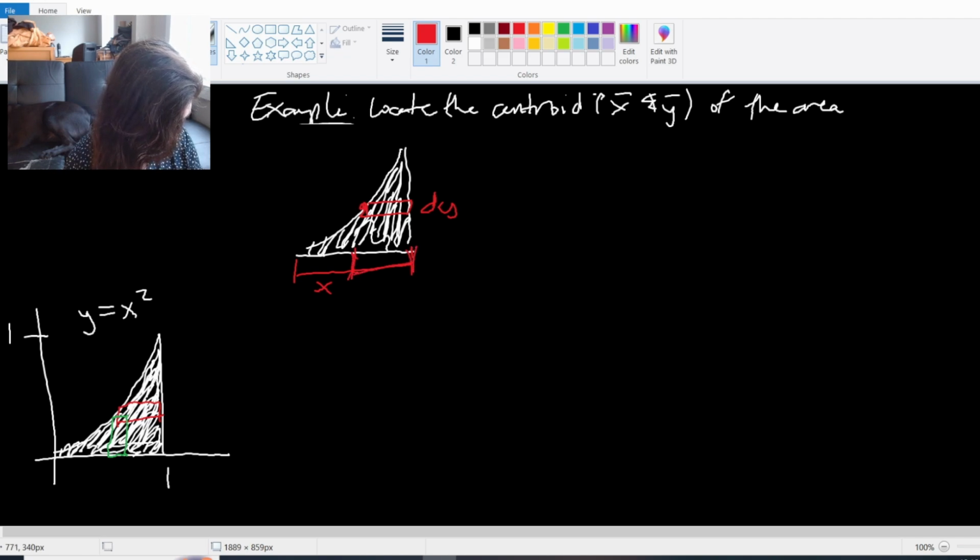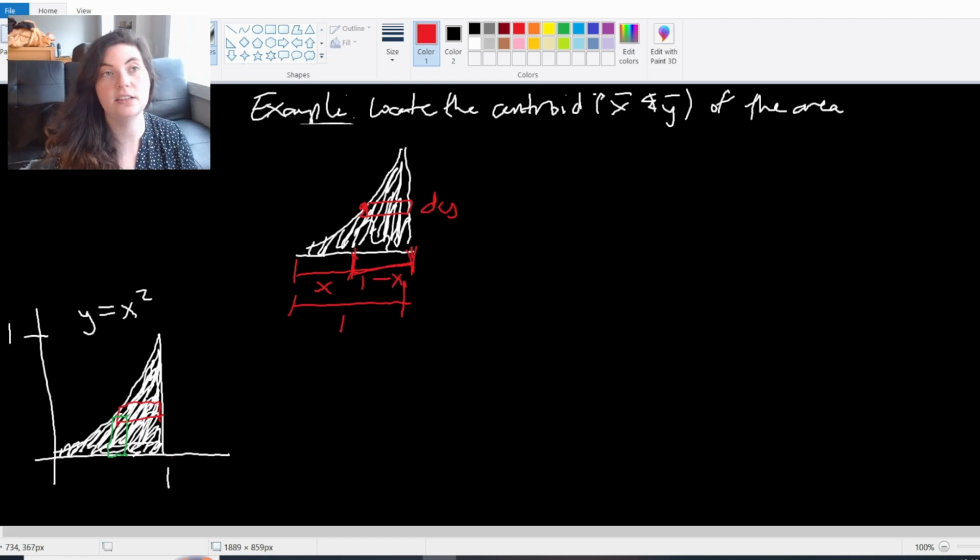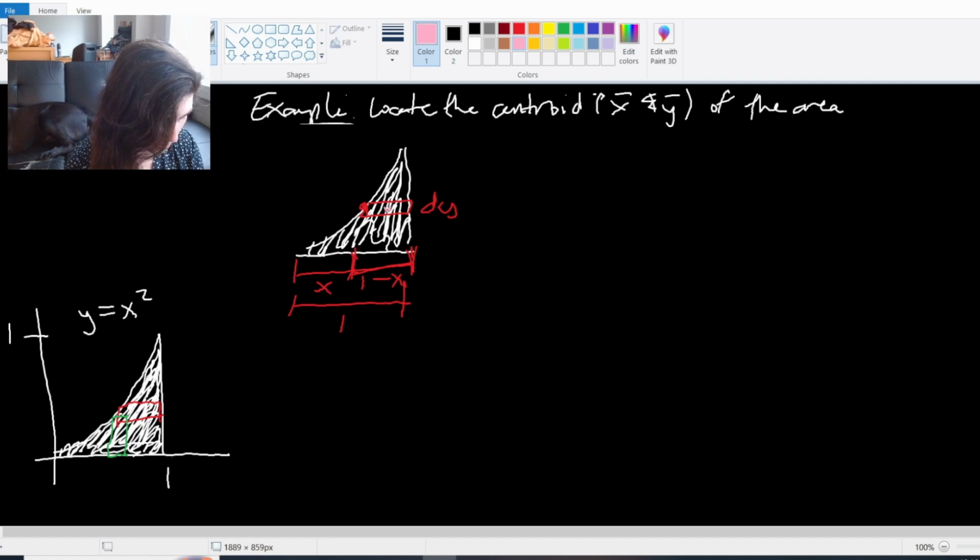This full distance is from 0 to 1, which would make this distance 1 minus x. We can already see we might be getting into something hairy if we start taking this dy as a thing of interest, right? Because what does that make the centroid for this? My y tilde and x tilde components, right?